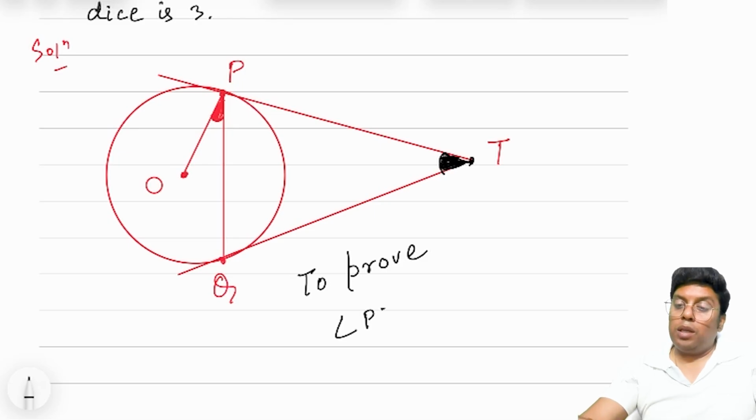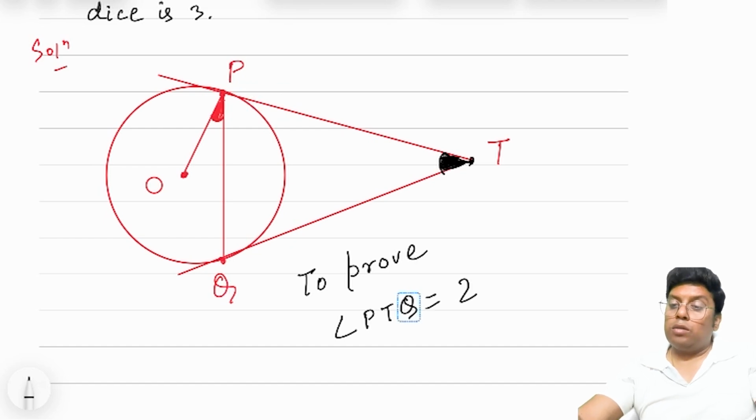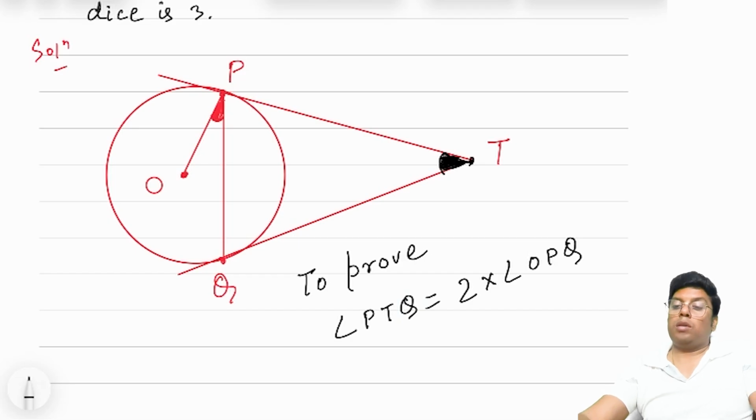angle PTQ. Angle PTQ, this angle is equal to 2 into angle OPQ.